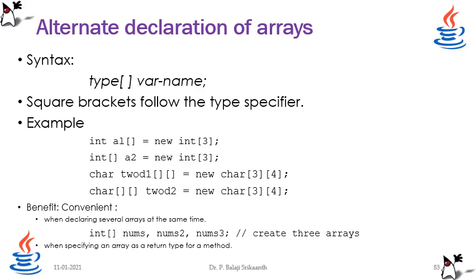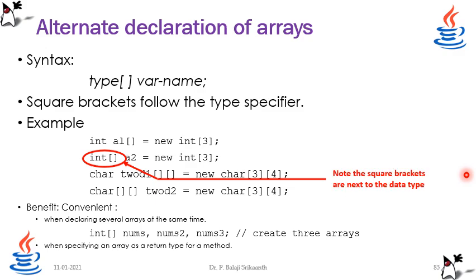What is the difference here? See here, instead of putting the square brackets after the variable name, we are putting the square brackets before the variable name. That is, we are putting the square brackets near the data type. Note the square brackets are next to the data type. So what is the advantage?